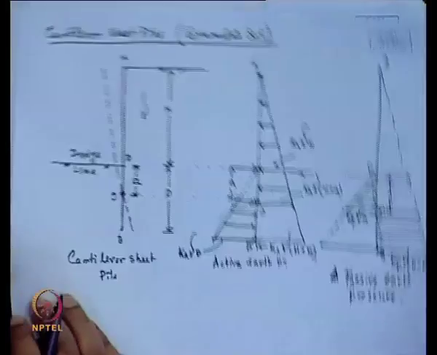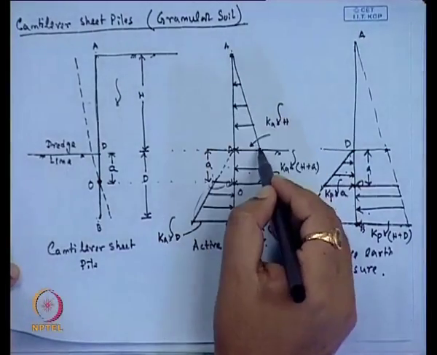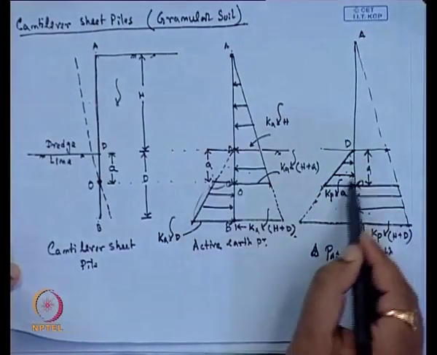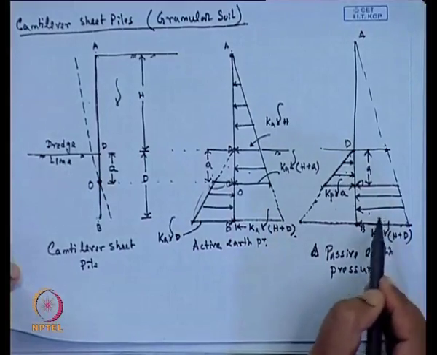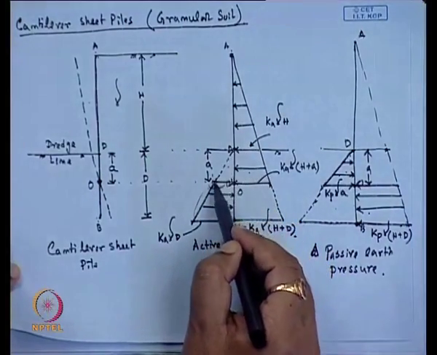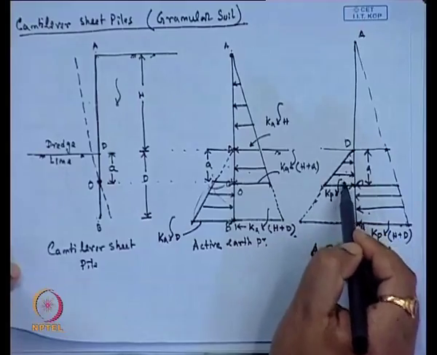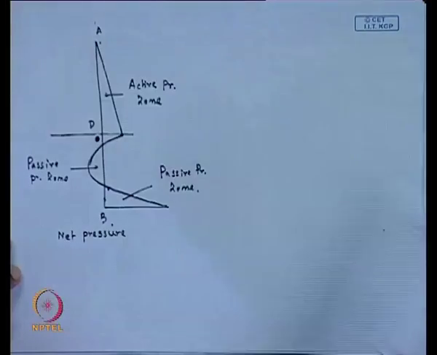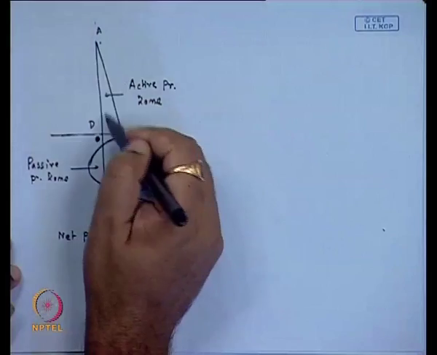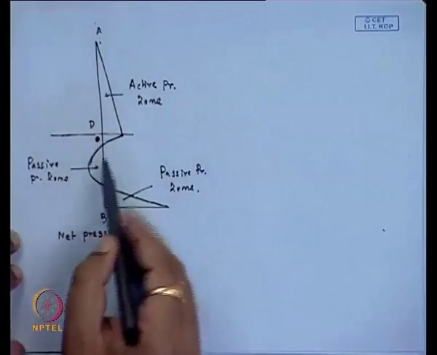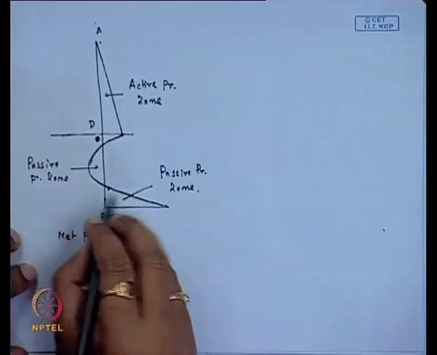From this figure we can say this is the active pressure zone, then again this portion is the passive pressure zone, and then it will go to this side. So this passive force will act. So this is also a passive pressure zone. So there are three parts: one is the active pressure zone, then the passive pressure zone, then again a passive pressure zone.